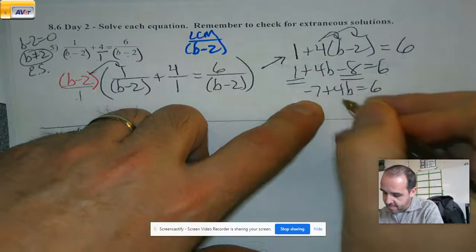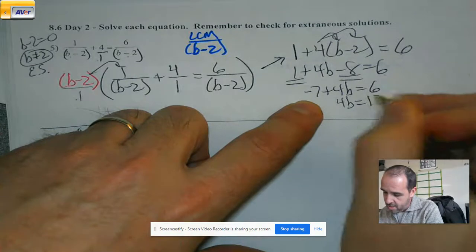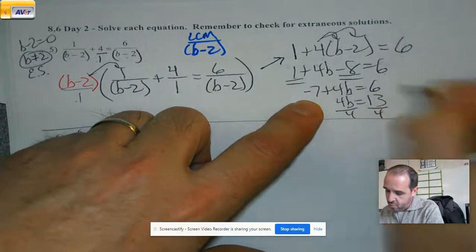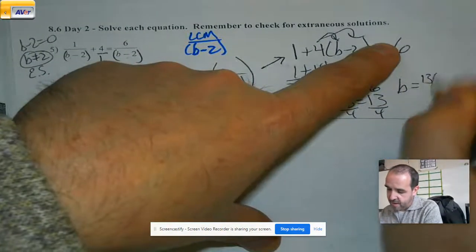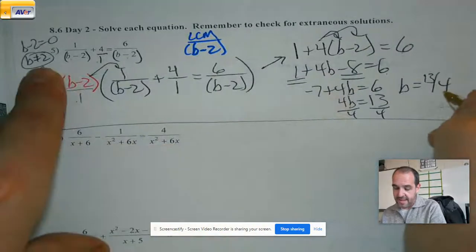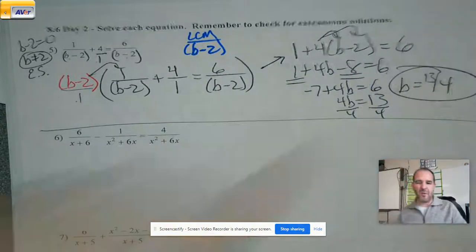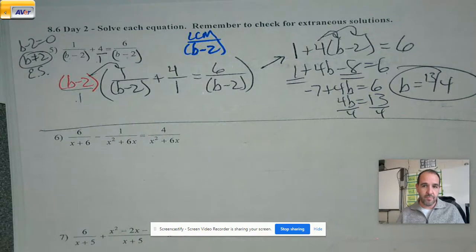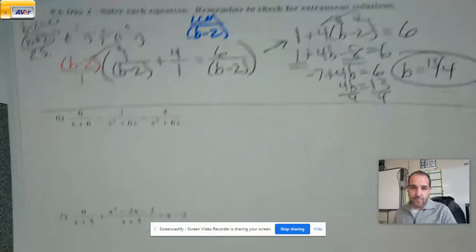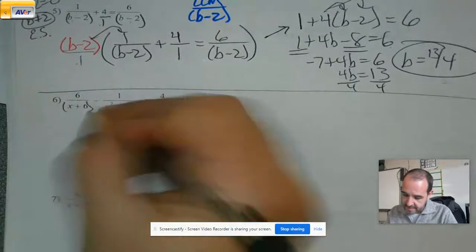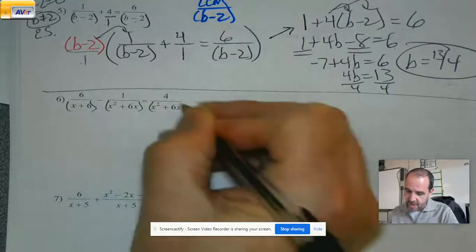I'm going to add my 7 over. I'm going to divide by 4. I can get fractions. Don't let them freak you out. The answer is not 2, so I'm pretty sure I'm good. So that's all we're doing. And as I keep working my way through these, it's like anything else. You get better with practice.